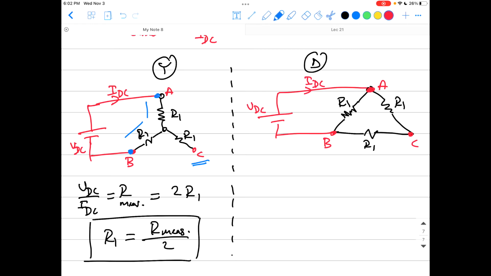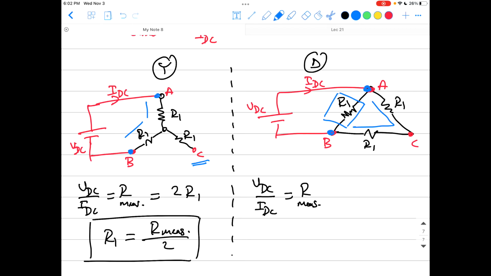So like you've seen here, if we divide VDC by IDC in this case, which gives you the measured resistance, R measured, it is actually the resistance seen between those two terminals. And if you look at those, it will be the equivalent of those together as this. So you will have those as series connected, R1 and another R1, and the equivalent of those will be in parallel with the third one here. It is basic circuits, guys.